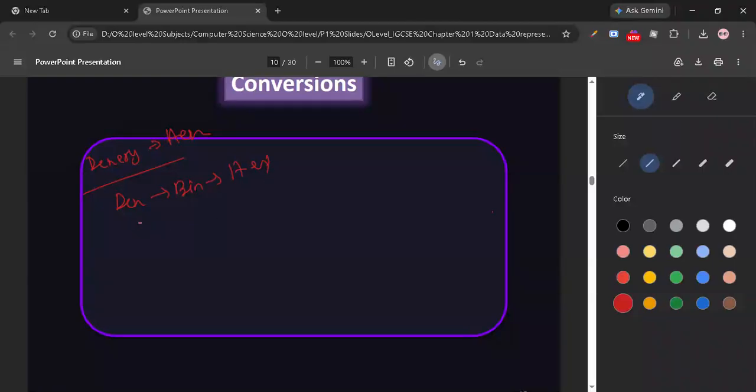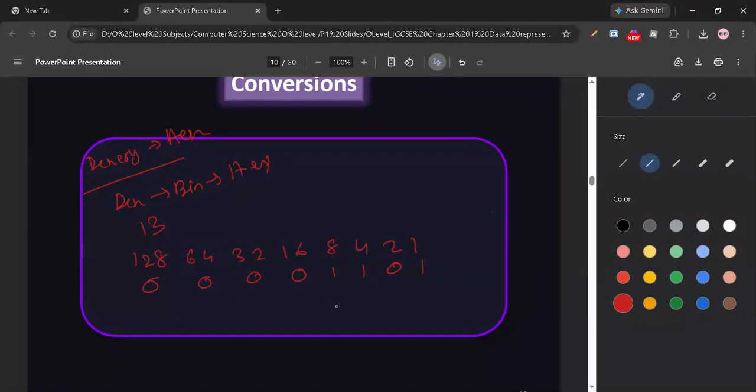Let's suppose we have the number 13. What we are going to do is 128, 64, 32, 16, 8, 4, 2, 1. So we put 0, 0, 0, 0, 1. So 13 minus 8 is 5. 5 minus 4 is 1. So over here 0 and 1. So this is the number.